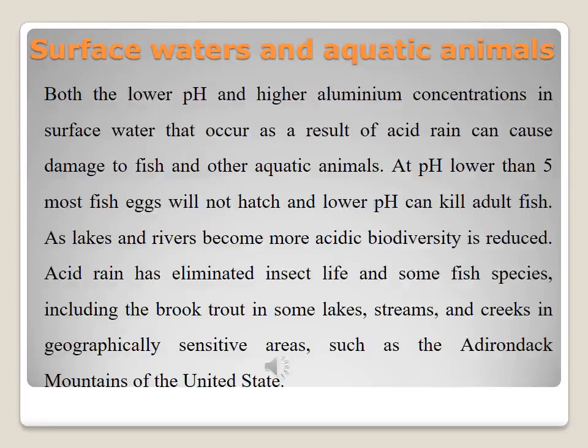As lakes and rivers become more acidic, biodiversity is reduced. Acid rain has eliminated insect life and some fish species, including the brook trout, in some lakes, streams, and creeks in geographically sensitive areas, such as the Adirondack Mountains of the United States.